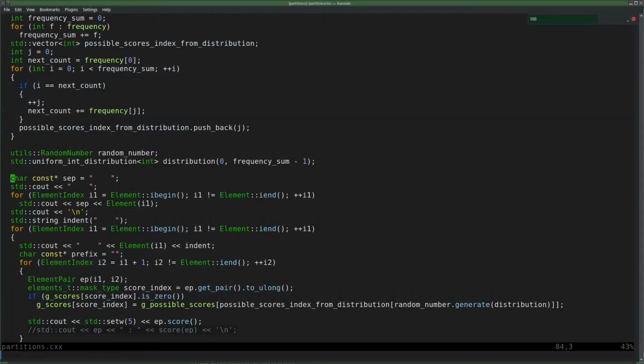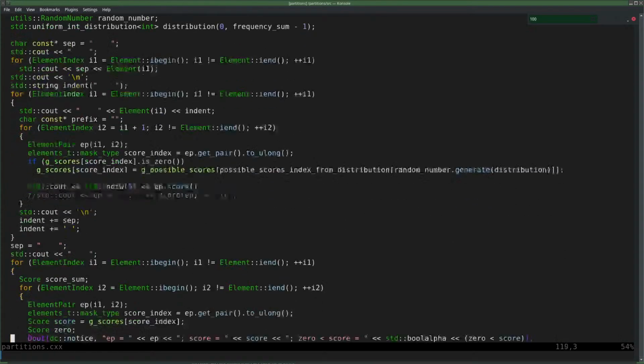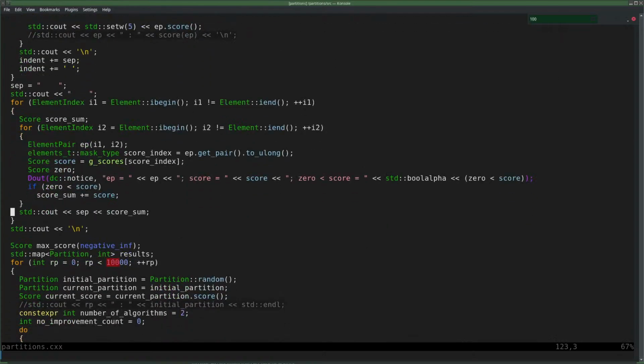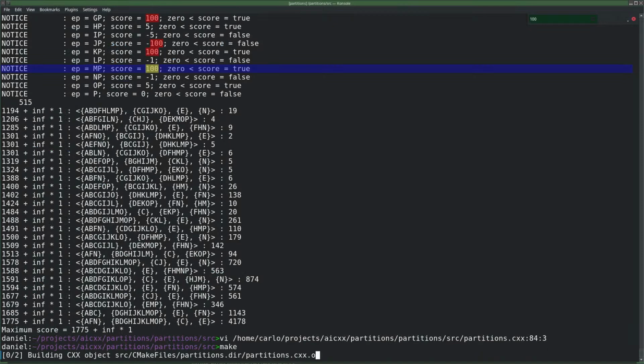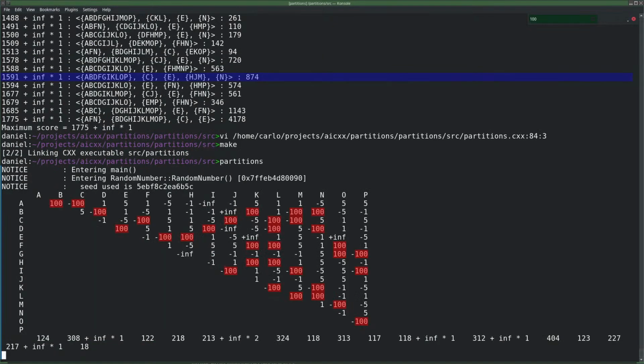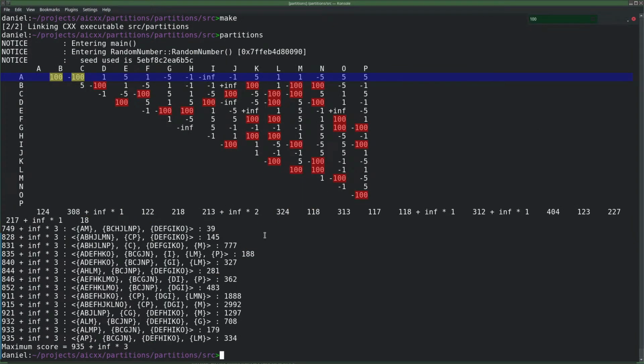So let's not do this debug output anymore. Yeah, absolutely perfect, except not perfect. These things are way too wide to print below here.